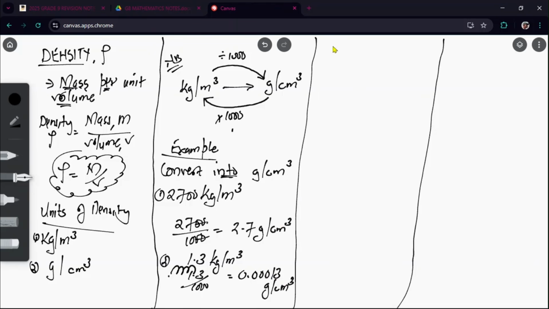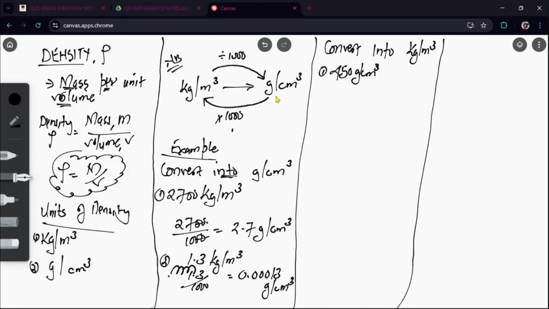But if they want me to convert into kilograms per meters cubed, I'll do the vice versa. For example, I pick 450 grams per centimeters cubed.